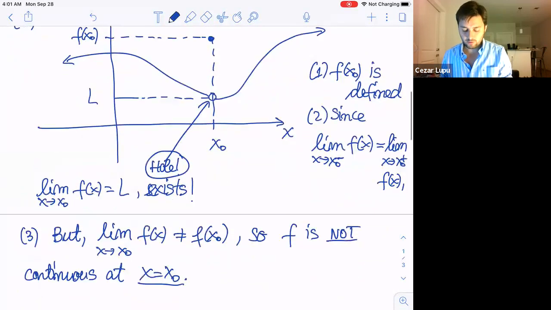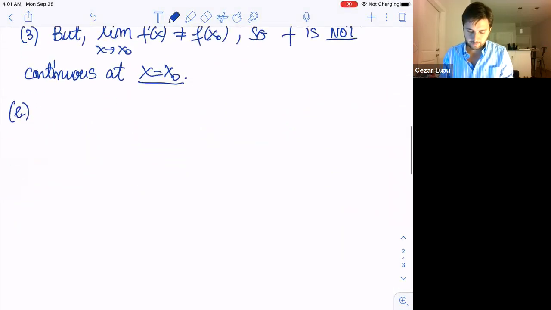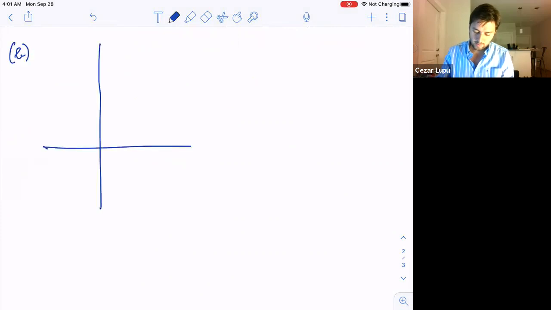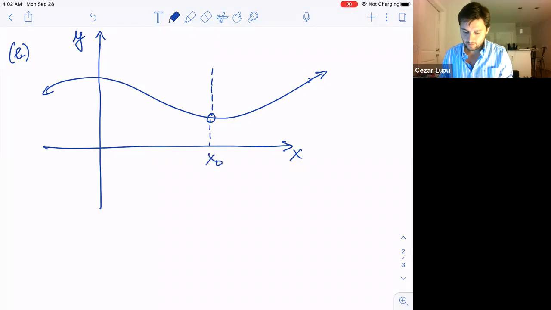Now let me draw another picture. There's something similar. So these are the axes. All right. So we have the following. Let's just say that the graph will look like this. And again, this has a hole here. It keeps going. So let's say this is x naught, right?